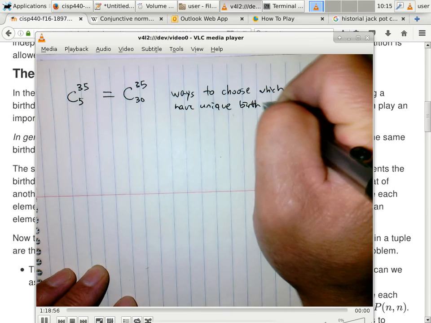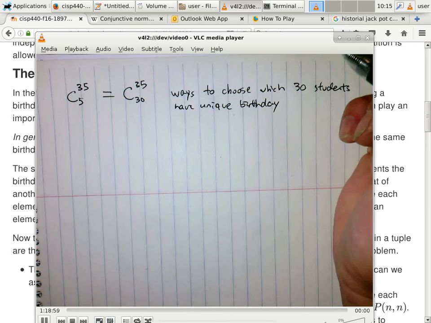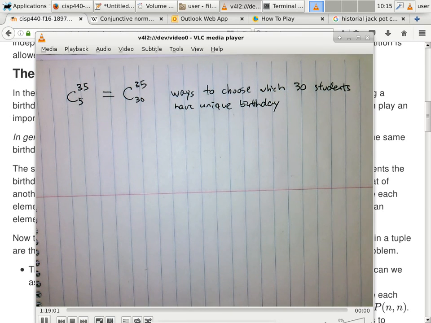So they are not sharing the birthday with anyone else in the class. But by choosing these 30, I also automatically lock down the other 5, because the other 5 must have exactly the same birthday. Are we doing okay so far with this?